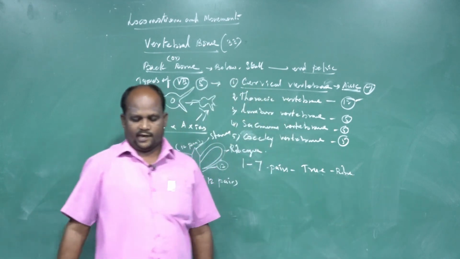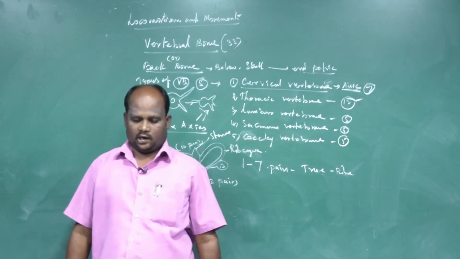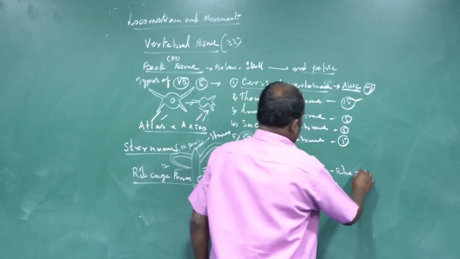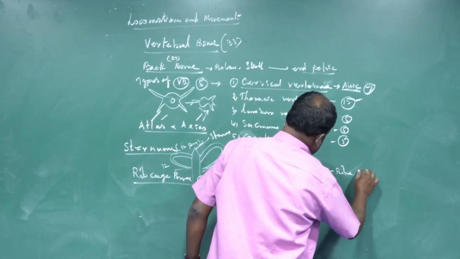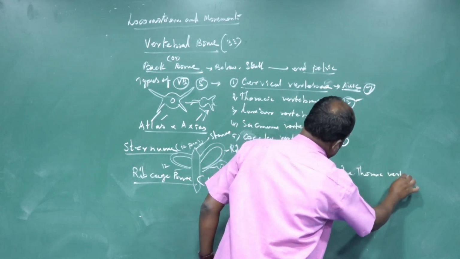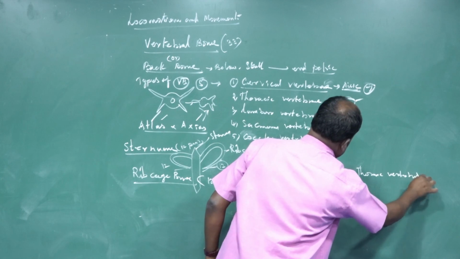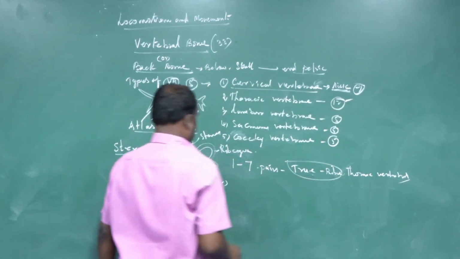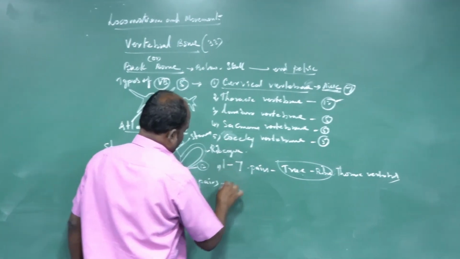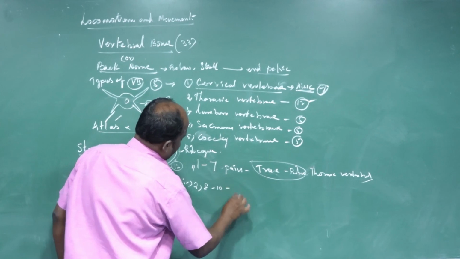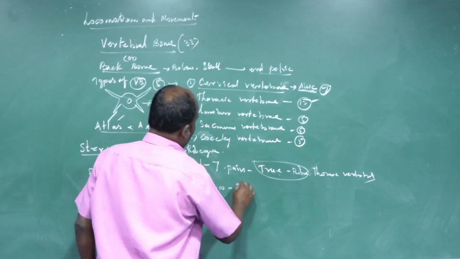The true ribs are otherwise called thoracic vertebral bones. Second one is 8 to 10. 8 to 10 bones are false ribs.